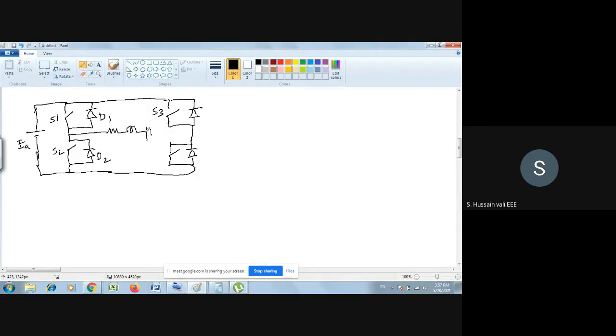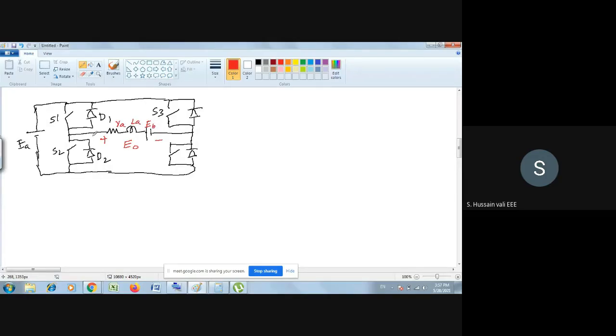So this is your motor. The voltage across the motor is E naught, and this is EB, LA or IA.